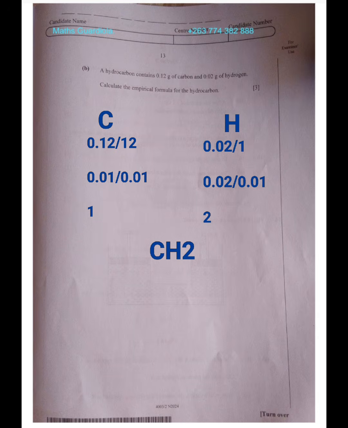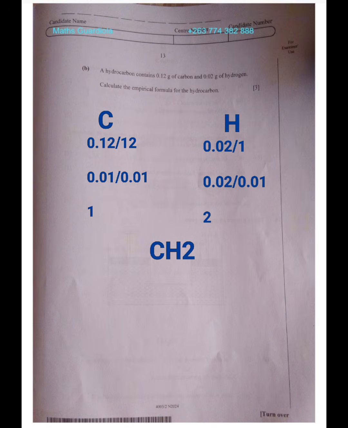The first step is writing carbon and hydrogen. And then after that, we need to give the quantities of the carbon and hydrogen. For carbon, we are having 0.12 grams, and then for hydrogen, we are having 0.02 grams.